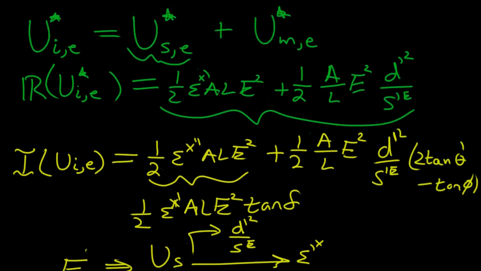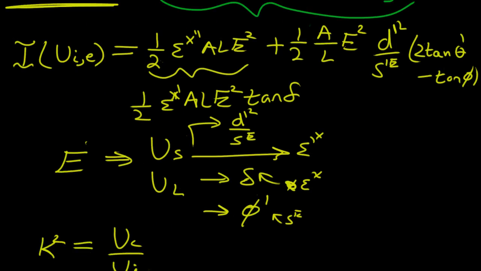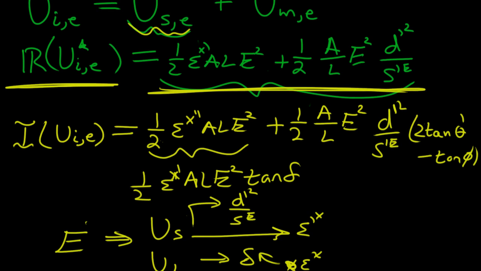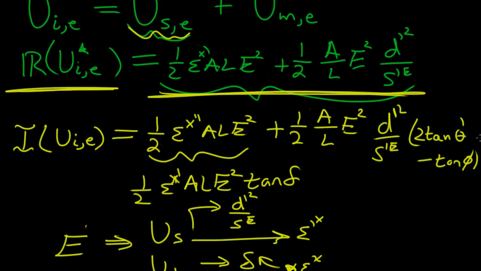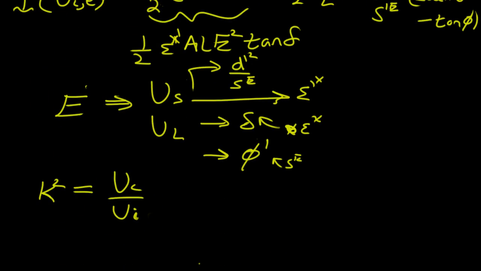So we have this total energy here, which is the total energy, and if we divide that now by the converted energy, which is just this portion, we'll have what we know as K squared, but it'll be a little different format depending on which variables you're using.